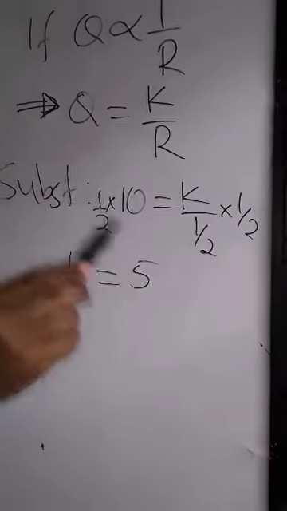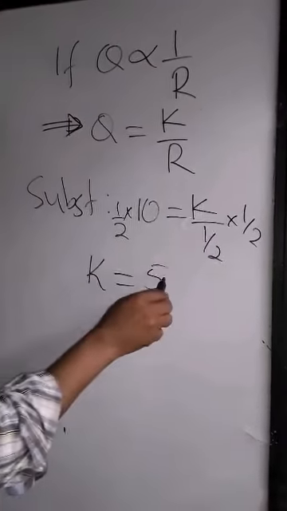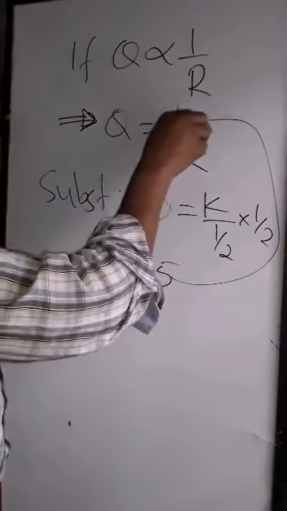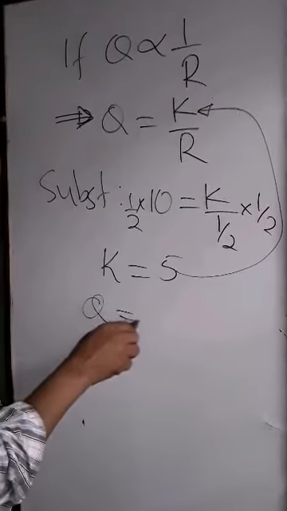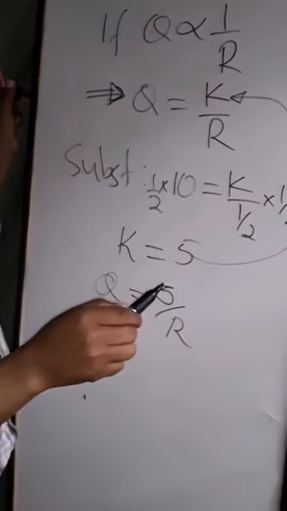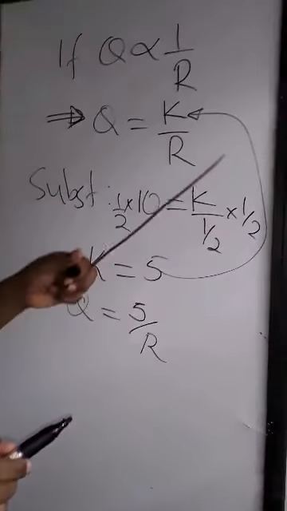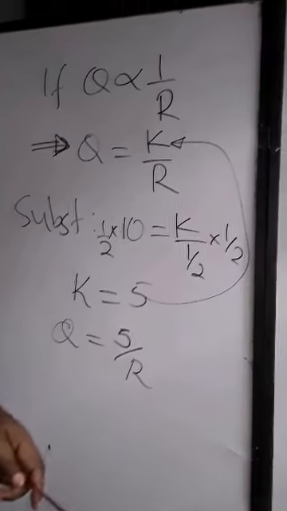So that is the constant, constant of proportion. So if now I put my 5 where K is, then I'll get that Q equals 5 over R. And that becomes the equation relating Q and R. So those are examples on inverse proportion.